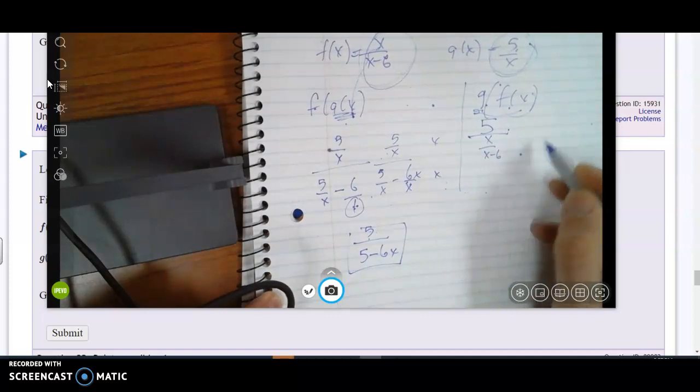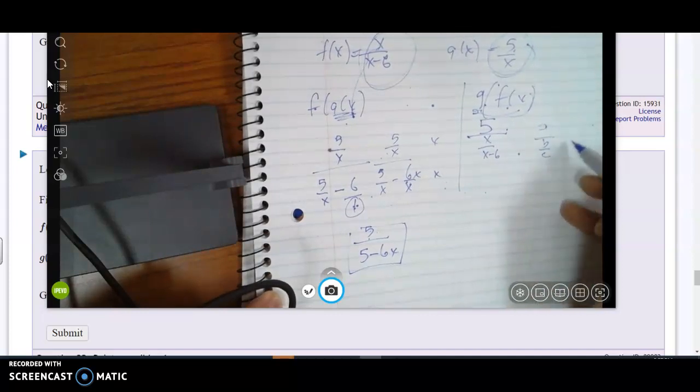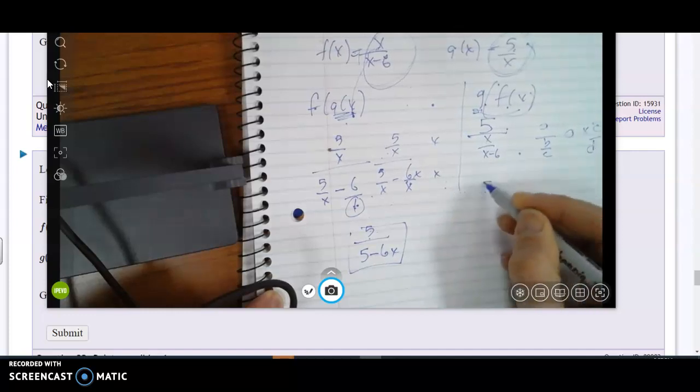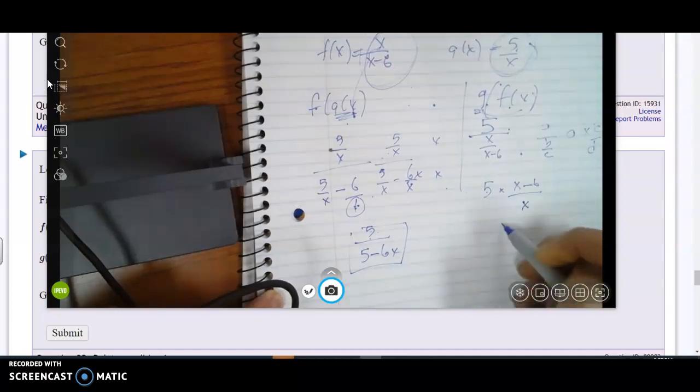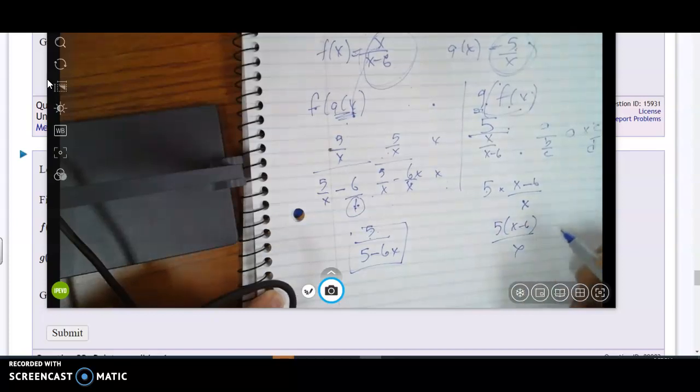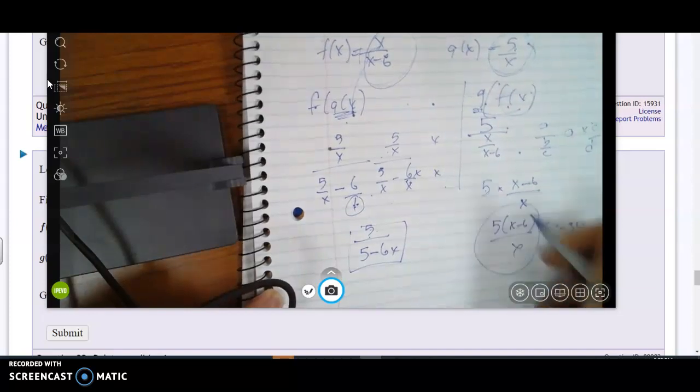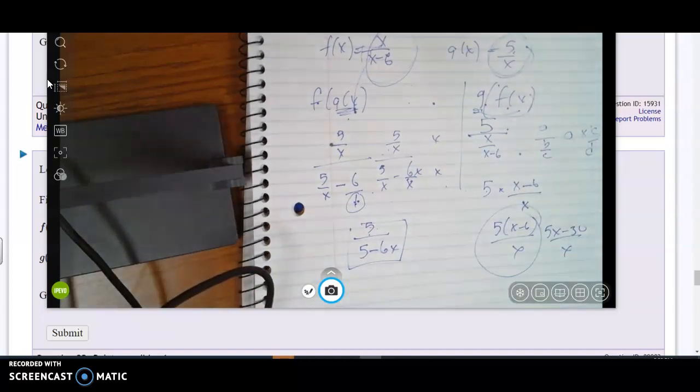So when we have a over b over c, remember, it's going to become a times c over b. So all we have to do here is multiply times the reciprocal of the denominator, which is x minus 6 over x. So our answer is going to be 5 times x minus 6 over x, which you could simplify and write in a different way. But actually this is probably a simpler form. And there you have it.